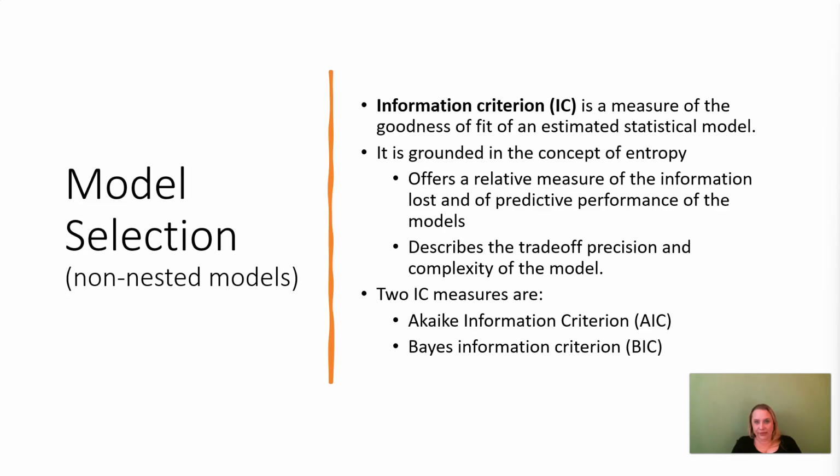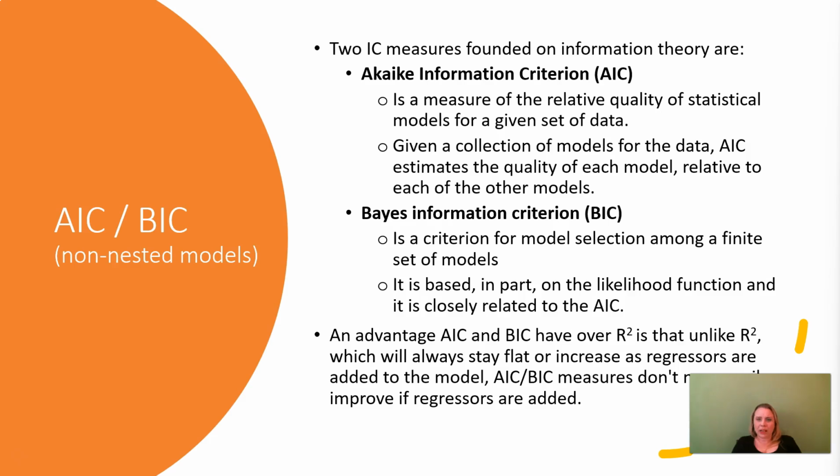Our two types of information criteria are the AIC, which is the Akaike information criteria, and the Bayes information criteria, or BIC. The Akaike looks at the quality of the statistical models in comparison to all other models. And our Bayesian information criteria is going to be looking at your model relative to a specific set of models.